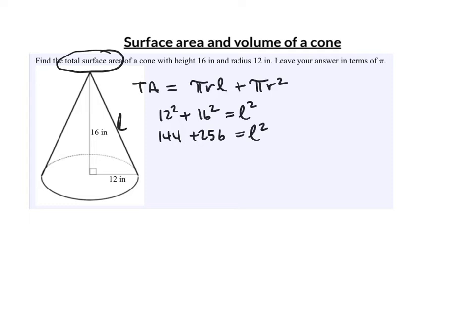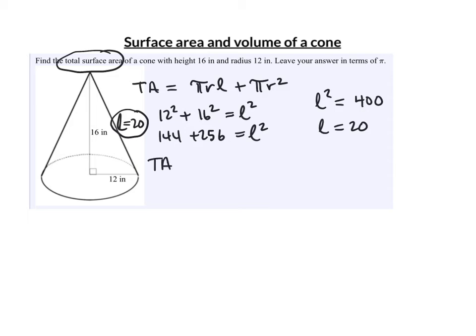144 plus 256 is 400. So L squared is 400. We'll take the square root of both sides and see that L is 20. Now we can find the area and the volume.